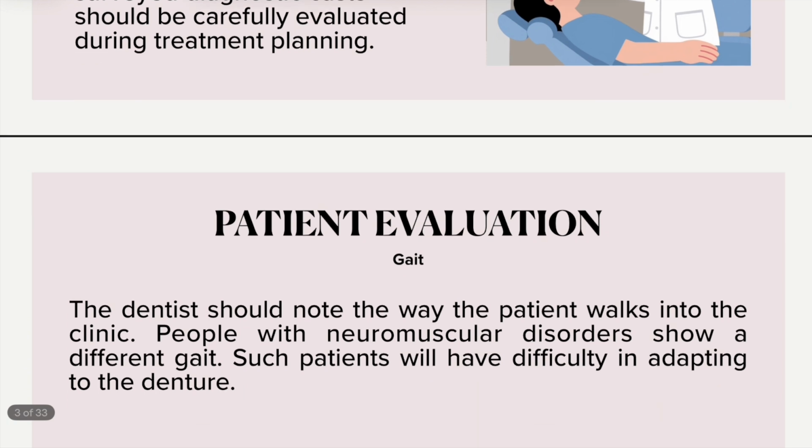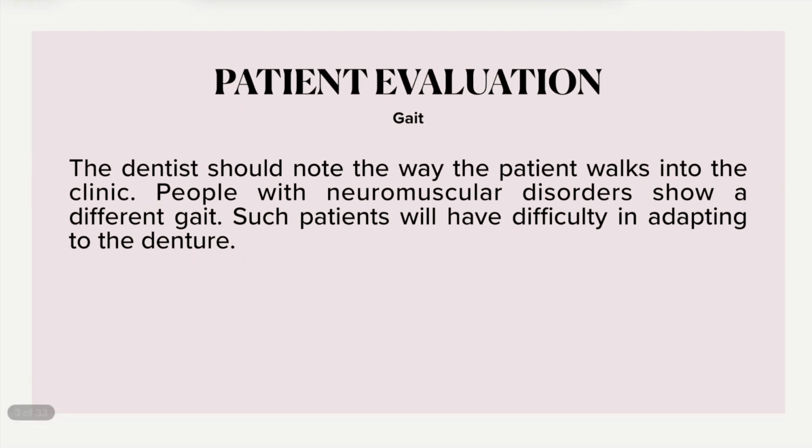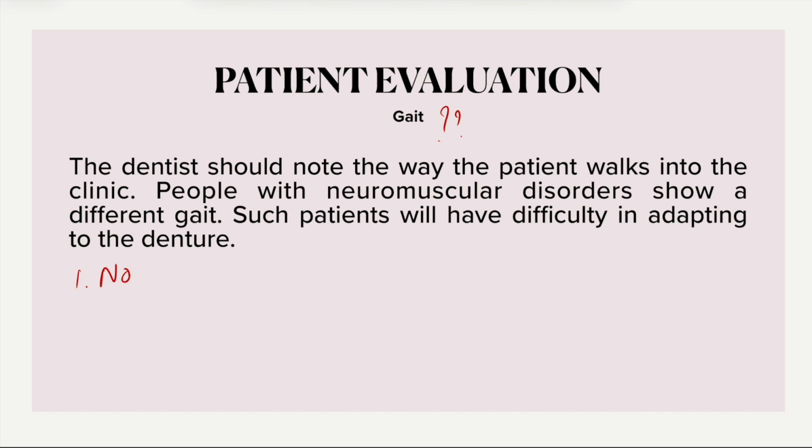Let's start with the patient evaluation. Gait. What is gait? Gait refers to the manner or the style in which the person walks. Now, types of gaits observed clinically are normal gait.